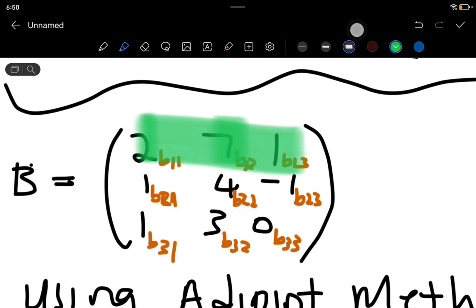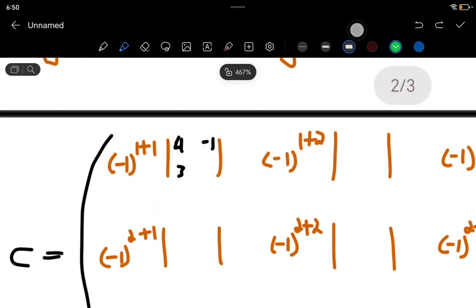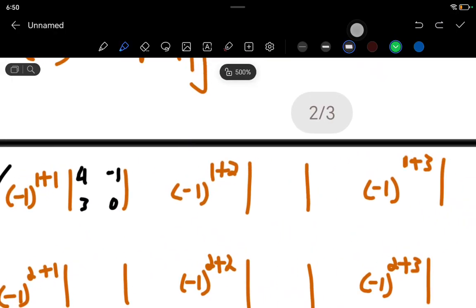Then I come to this one, vertically and horizontally. Then I have 1, 1, minus 1, 0. Let me check.